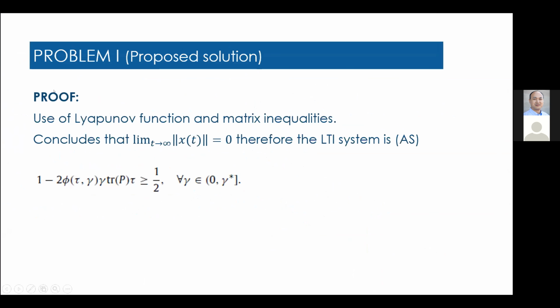So again, not gonna bother really with the proof here, but essentially they use a Lyapunov function to show that, in accordance with some matrix inequalities, they were able to conclude that the limit as t goes to infinity here will be equal to 0, and therefore the system is asymptotically stable.